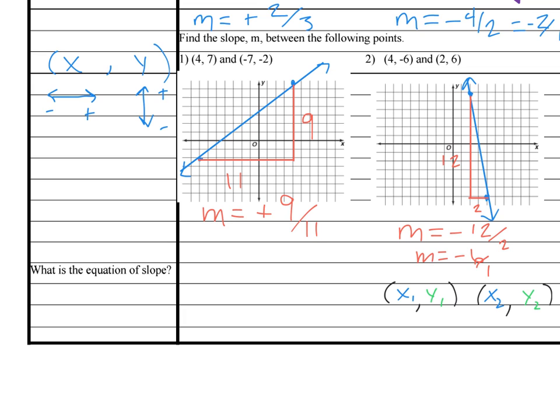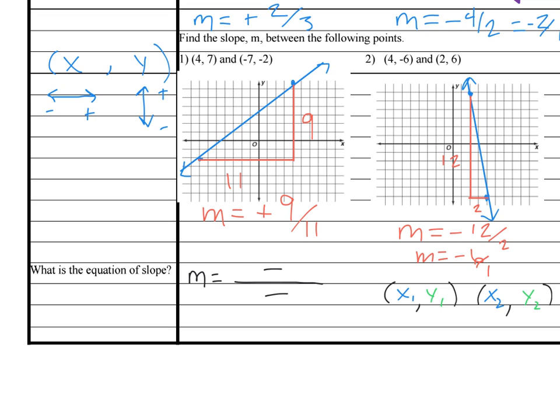We actually have an equation that can help us find the slope if we know 2 of the points. So here I have 2 ordered pairs, x1, y1, x2, y2. One of the ordered pairs you just think of as 1, and then the other is 2. And then we plug it into the equation. So we write out the equation, m equals, we draw our line, and then we put a minus sign above and below.